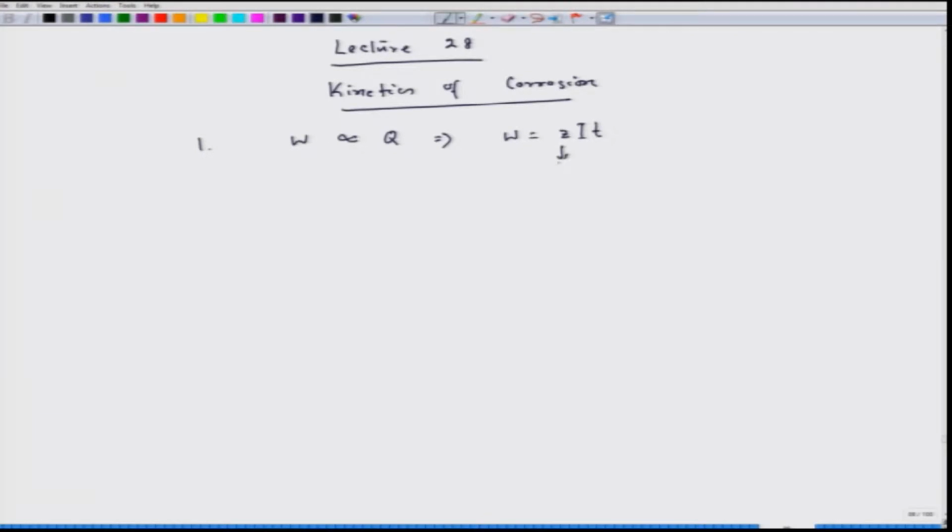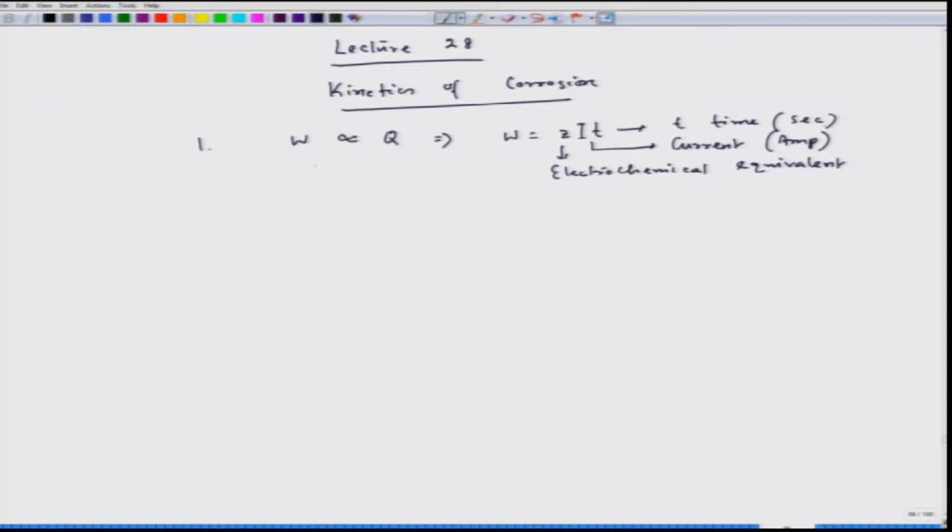So, this is electrochemical equivalent, and I is current in ampere, T is time in second.